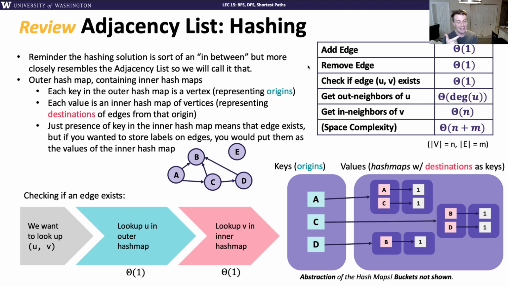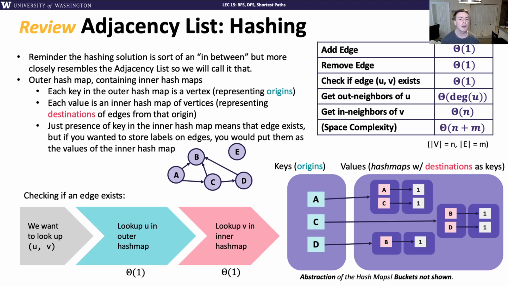Now, the last structure we introduced was this kind of in-between. Instead of storing a list for the values in the adjacency list, we thought about maybe storing another hash map or another hash set of some sort. In the Monday video, I called this an in-between solution because it had behaviors of both the adjacency matrix and list, using extra space for efficiency, but also being organized in this adjacency list like way.